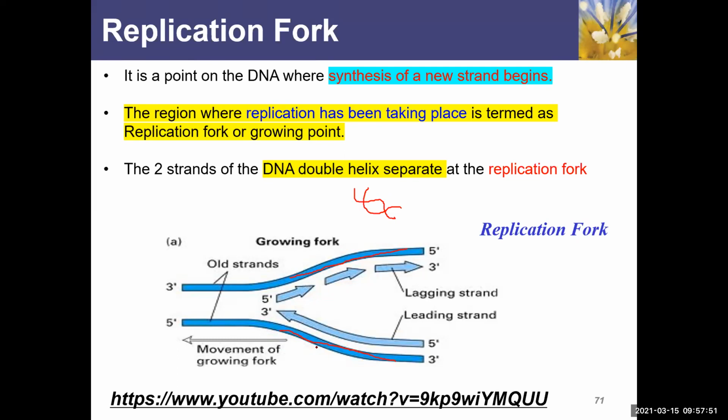You will say that it's a point where replication is actually taking place at that particular time. Or you can say that the two strands of the DNA helix separate at the replication fork, as you can see over here. Is it clear about what is a replication fork and what is the origin site? Any questions about it till now?